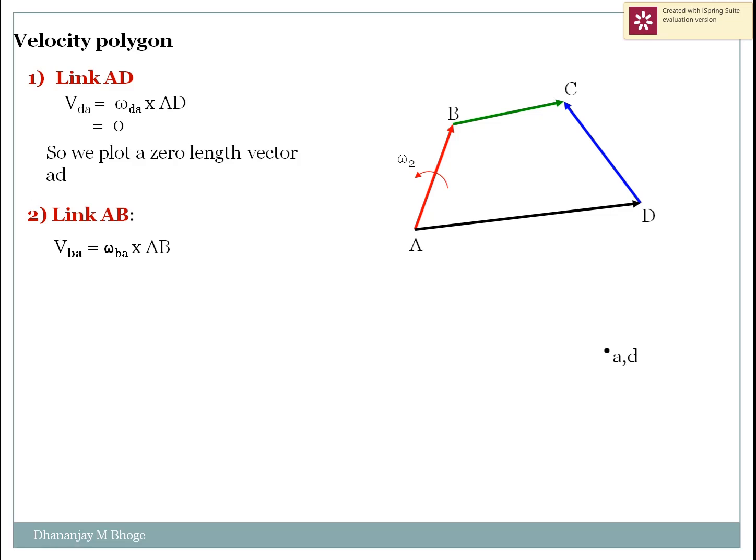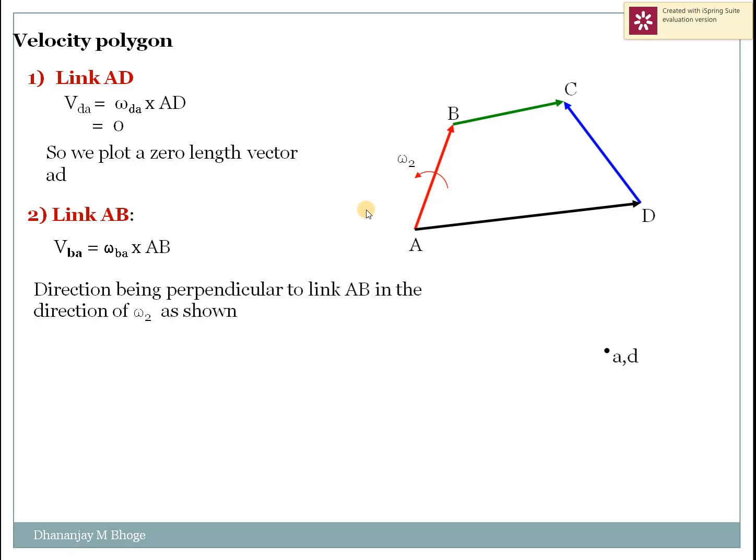This is the magnitude of VBA. The direction of VBA will be perpendicular to the radius of rotation AB and will act in the direction of omega 2. So this is the velocity vector representing the velocity of B relative to A.